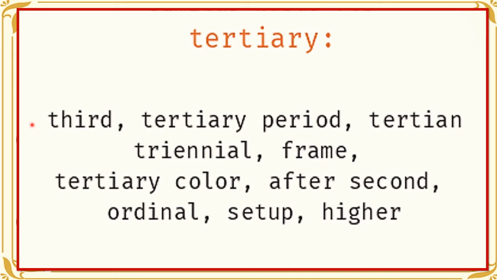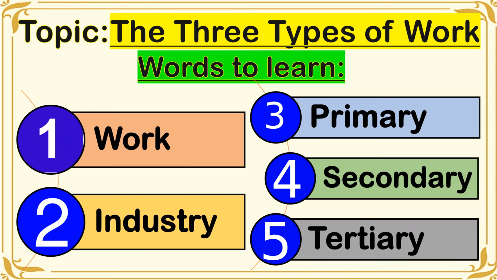Tertiary means third, tertiary period, tertian, triennial, frame, tertiary color, after second, ordinal, setup, and higher. So let's take the meaning of the word third here, which means step 3 or number 3 or after second. So these are the 5 words that can help us better understand our topic for today.